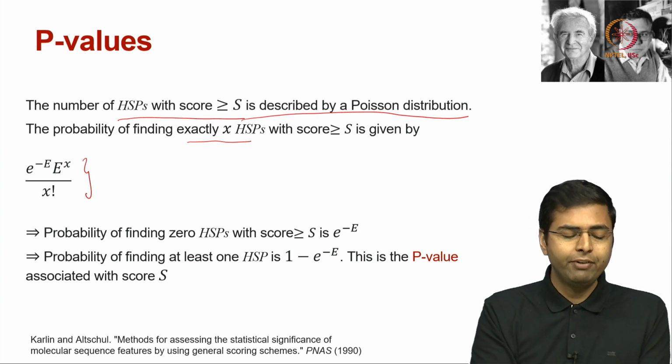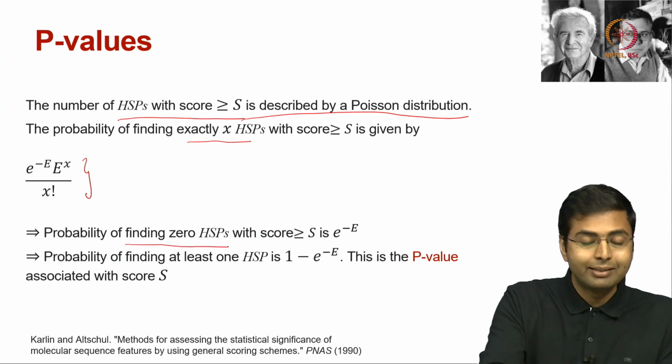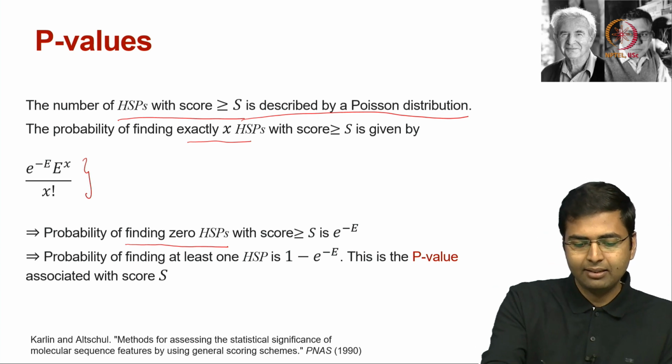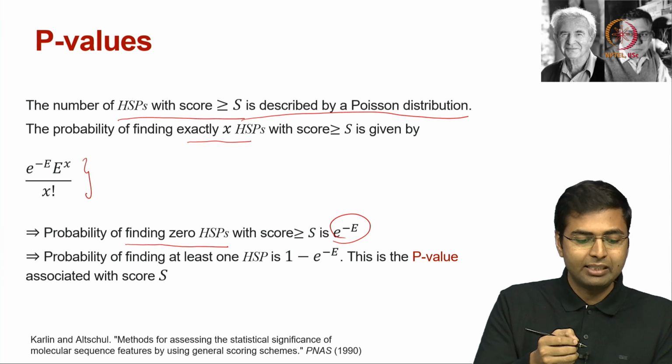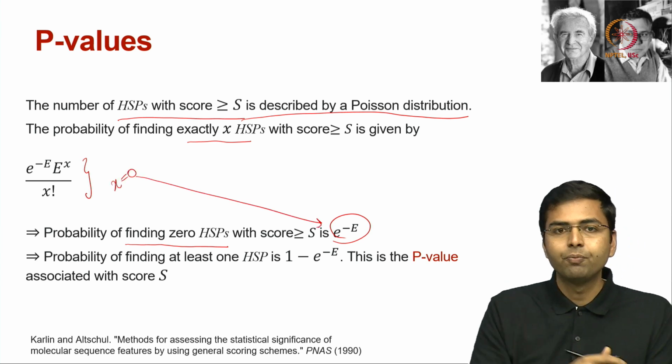Now from this expression we can easily see that the probability of finding 0 HSPs with score at least S is e raised to power minus capital E, that is, by just plugging x equal to 0 you can simply get this value.